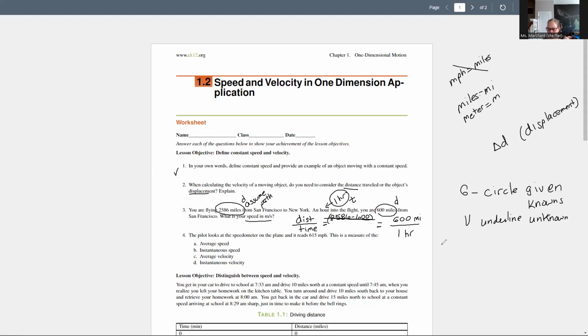Now again, what is wrong with this picture? It is not converted. We need to go from 600 miles in 1 hour, and we need to convert that into the same item in meters per second. So we're going to do our numerators first. Miles to meters. So 600 miles in 1 hour.